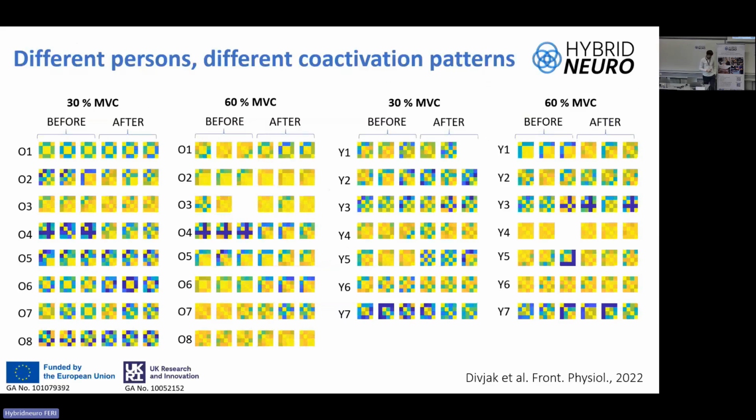Of course, the results have to be analyzed person-specific. We can see kind of the same pattern happening over multiple participants, but we cannot just average the results over the whole population.